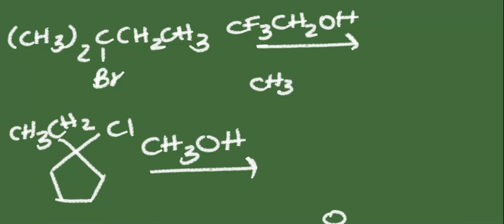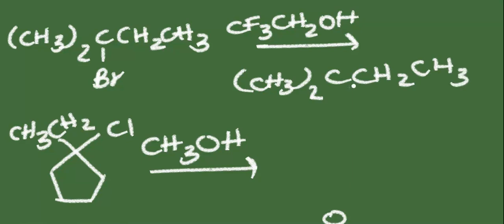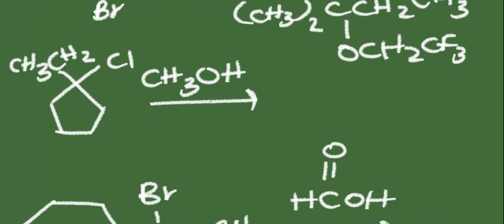So that is going to look something like this. I'm going to draw it below because it might be a little too big. With this carbon now attached to the nucleophilic oxygen, and that's our product.